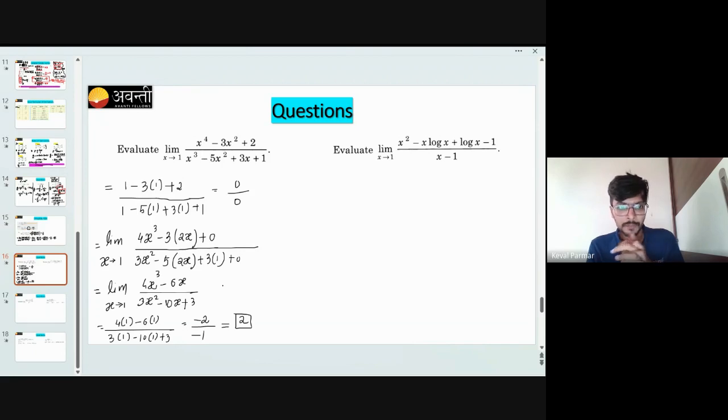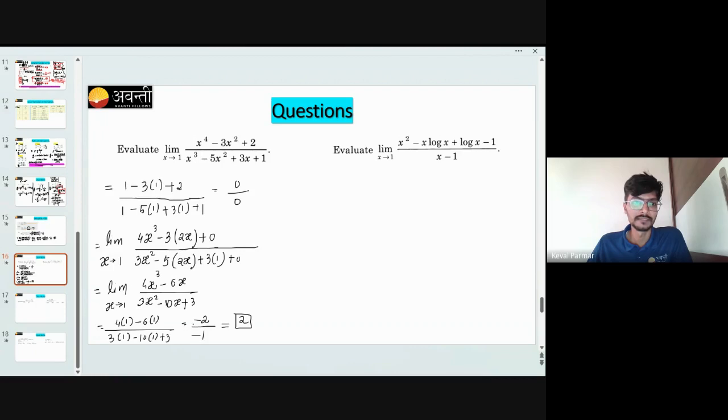Please somebody confirm. 1 by 2 or 2? 1 by 2. So did I make a mistake somewhere? I am getting 2. 4x cube minus 6x. Okay, it is fine. Now 3x square minus 10x plus 3.